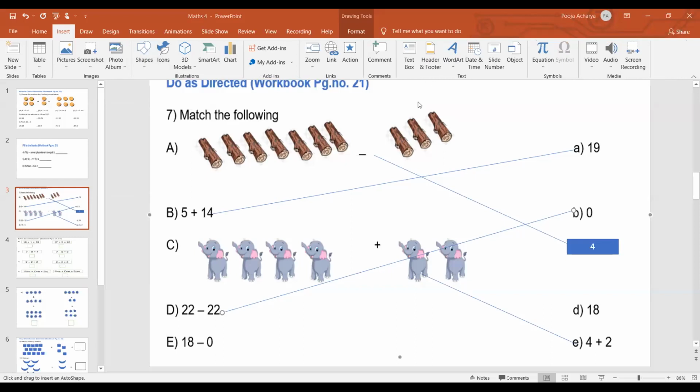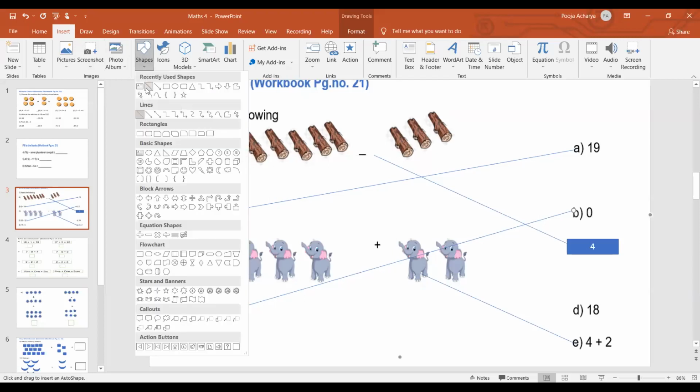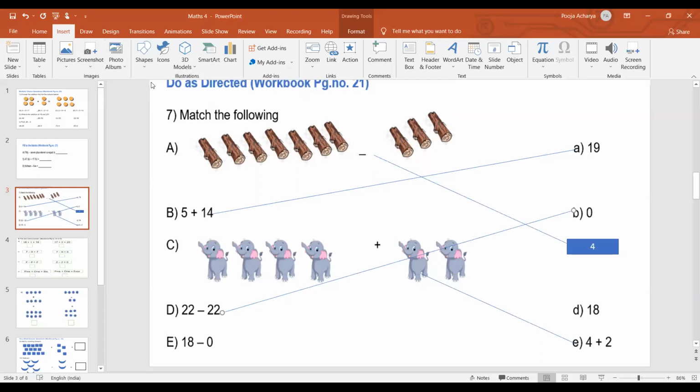Answer is 18. Avnika, 18 minus 0 is 18. So we will match with 18. Can you see 18 here? In which option? D option.